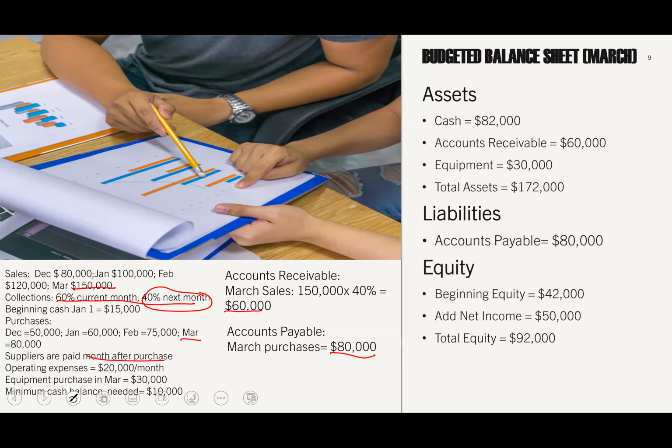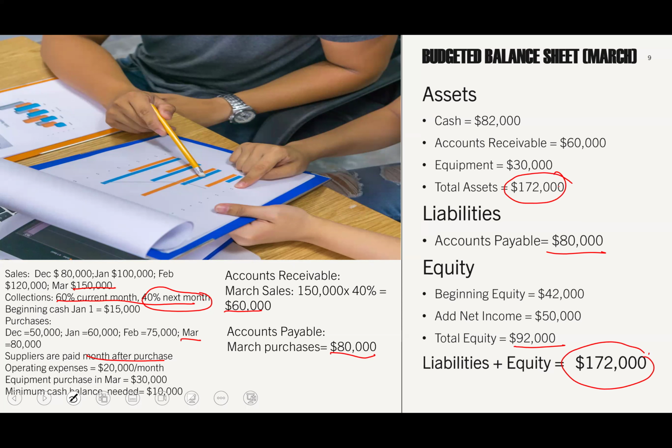And then my total equity becomes 92,000. I combine 80,000 of accounts payable and 92,000 of total equity, and I have 172,000, which is exactly equal to my assets.